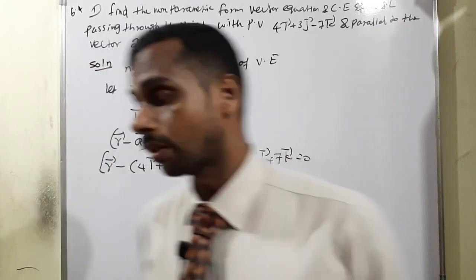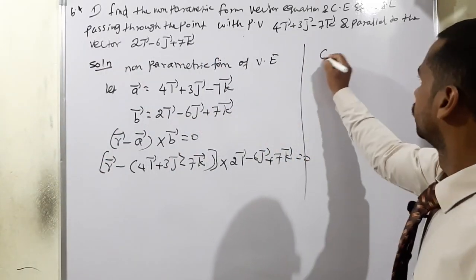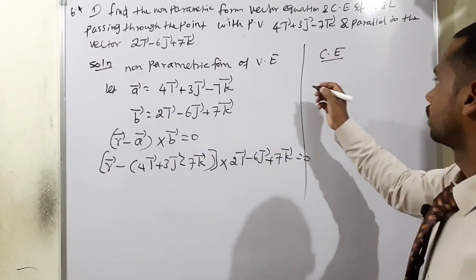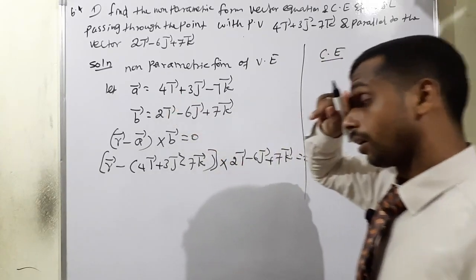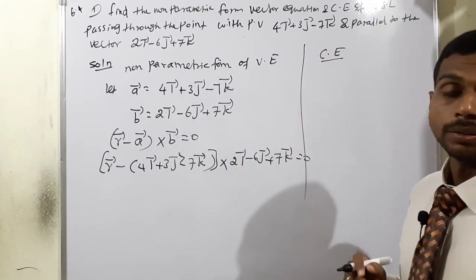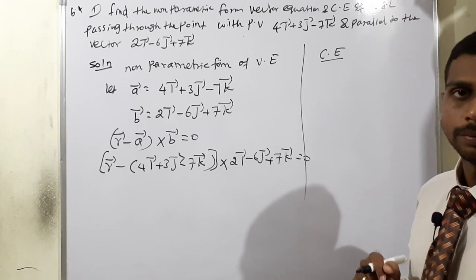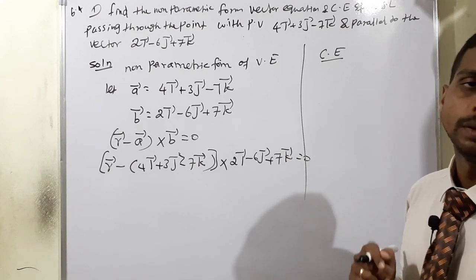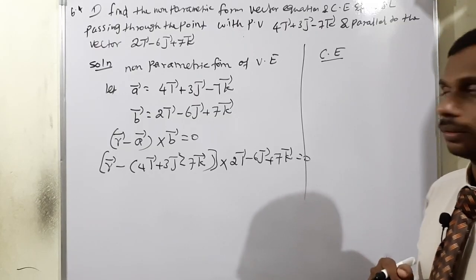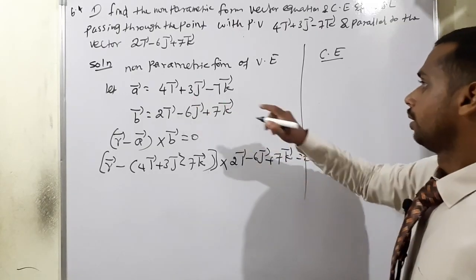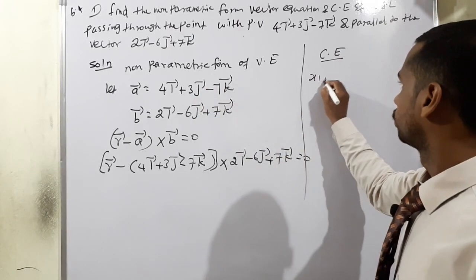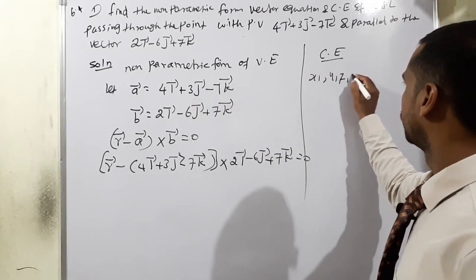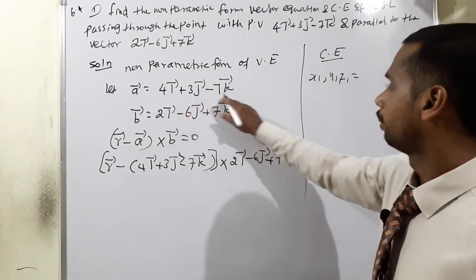Second condition, Cartesian equation. For one point and a parallel vector, the formula is (x minus x1) divided by b1 is equal to (y minus y1) over b2 is equal to (z minus z1) divided by b3. So consider the A vector: x1, y1 and z1 is equal to 4, 3, minus 7.